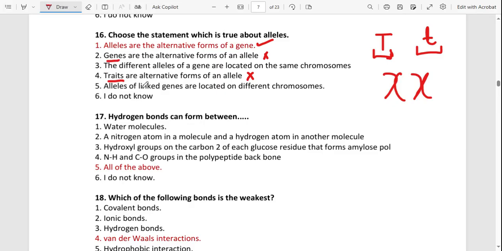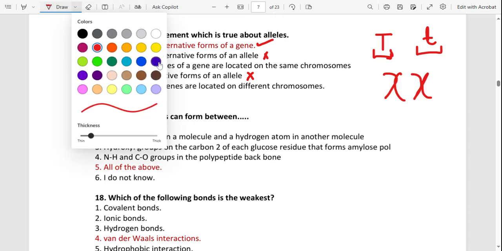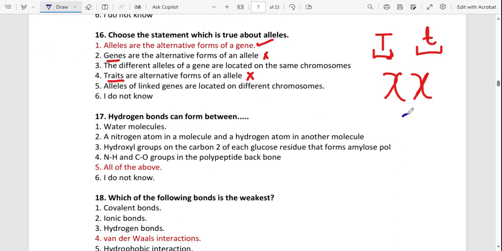Alleles of linked genes are located on different chromosomes. So linked genes, these are genes that are close to each other. So for example, let's say this gene is connected to another gene.